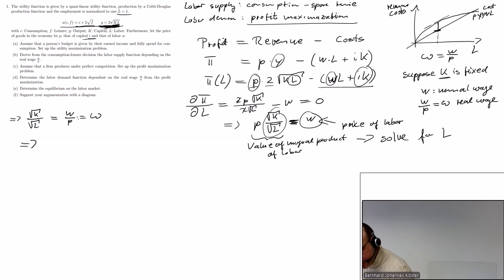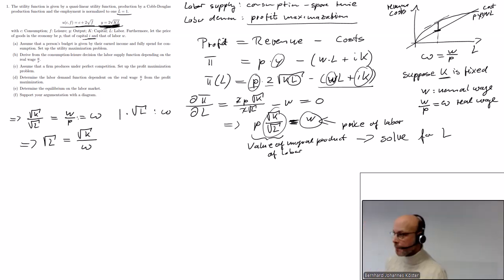Then multiply by the square root of L, and dividing by omega, square root of L is square root of K over omega. And then, of course, taking the square of both sides, I obtain L equals K over omega squared.